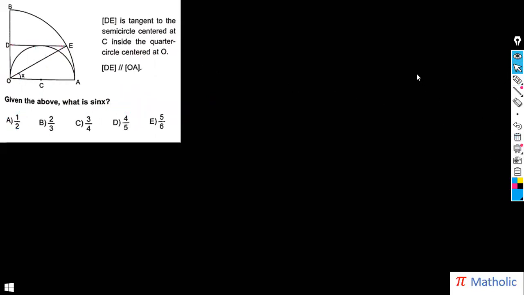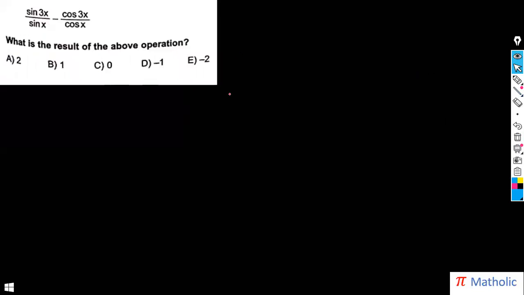Let's move on to another question. What is the result of the above operation? It means simplify. Let's simplify this one. First of all, we have to multiply this one by cosine x up and down to make the denominators equal, and by sine x.